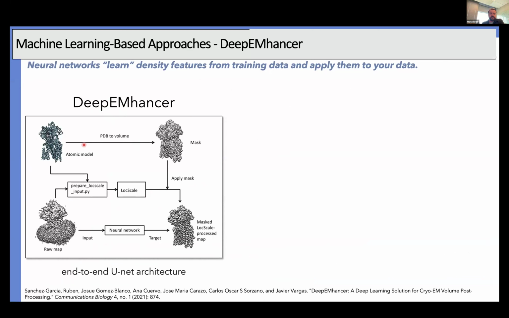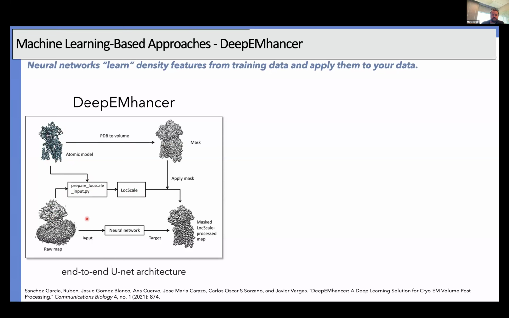And the foundational idea of DeepEMhancer was this local scaling that I discussed earlier in the talk could be applied to basically any EM volume if you have an atomic model. And so the idea is this local scaling takes in your input model, takes in your raw map, and uses that as a way to scale your amplitudes locally based on your model and input map.